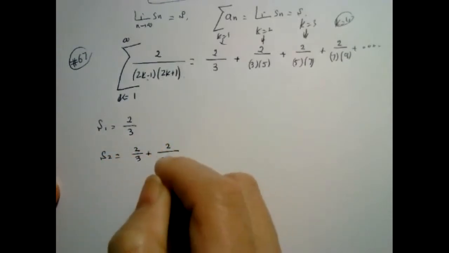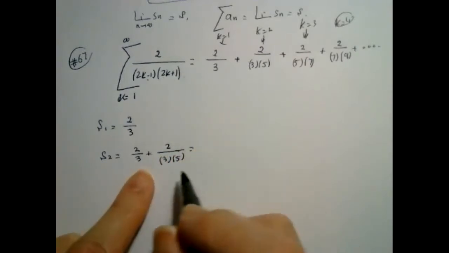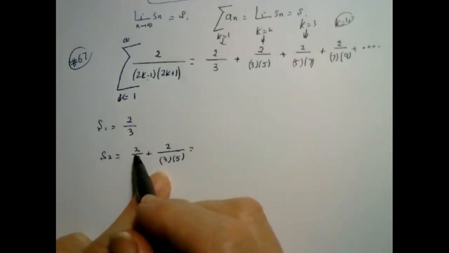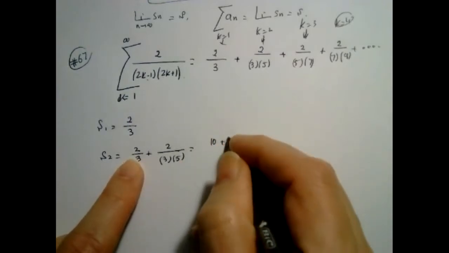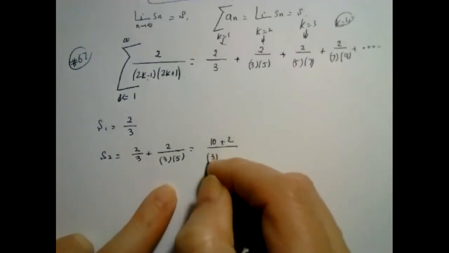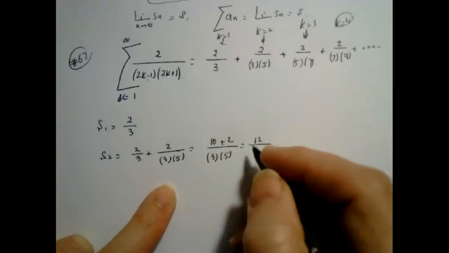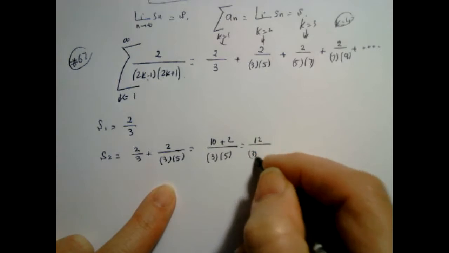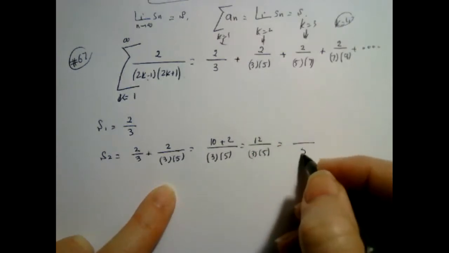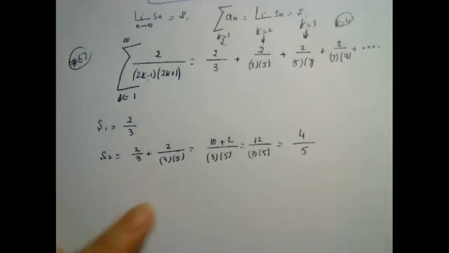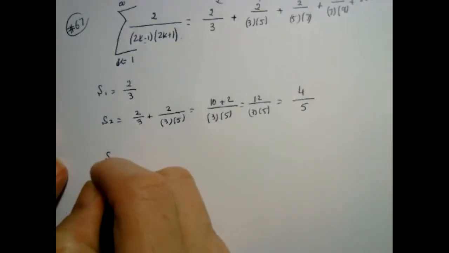In those particular problems we keep doing it till we find a pattern occurring. 2 over 3 plus 2 over 3 times 5, so the common denominator is 3 times 5. That gives 10 plus 2, so 12 over 3 times 5. Now divide both by 3, and it gives 4 over 5. I guess the pattern is occurring.